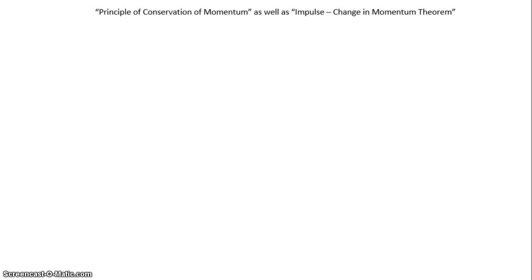But wait, there's more. If we're looking just at block A, that's our object, and it happens to hit block B, but we're treating B as an external thing. So here's A, and there's an FG down, an FN up, and when it collides with B, B acts on A, right? And that's the only force.